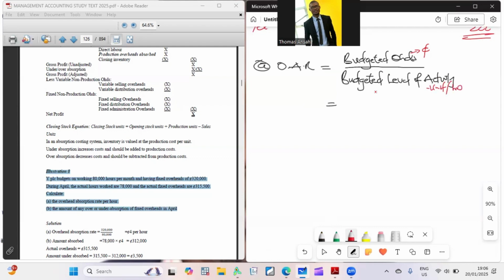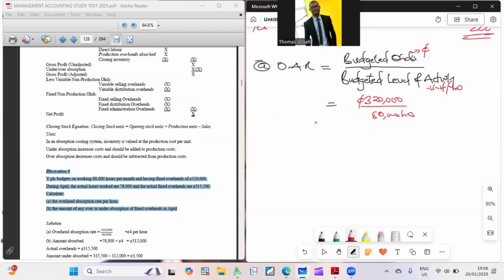In this question, you see clearly that the budgeted fixed overhead is 320,000 and the budgeted level of activity is 80,000 hours.